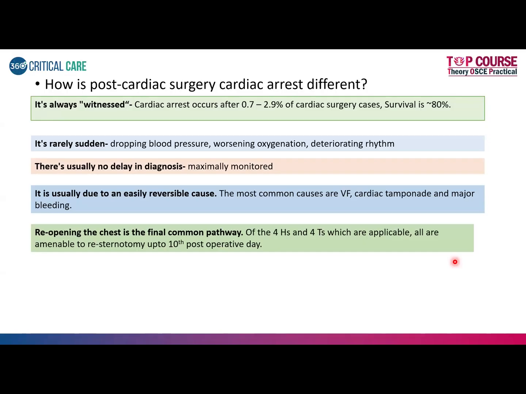Of the 4H and 4T, which are applicable in all the amenable cardiac arrest cases in post cardiac surgery, okay, for other cases, you might go for shock. For other cases, you might give the drugs. But in a post cardiac surgery cardiac arrest, the one line that you have to remember is reopening the chest is the final common pathway.